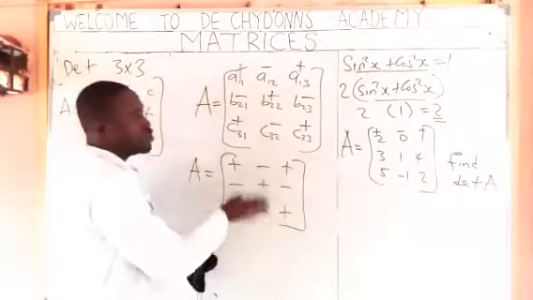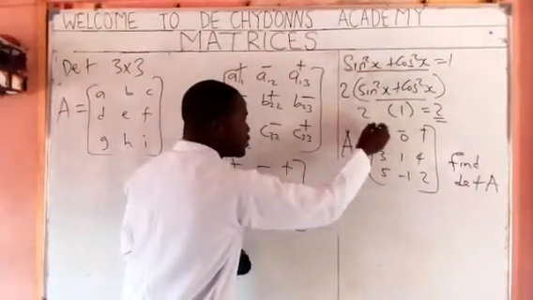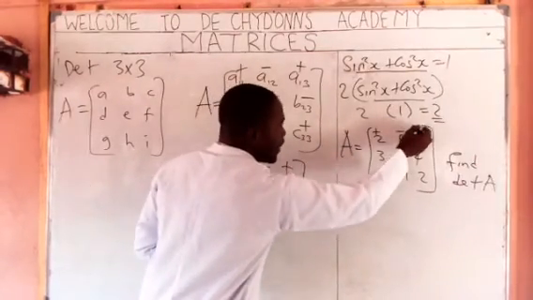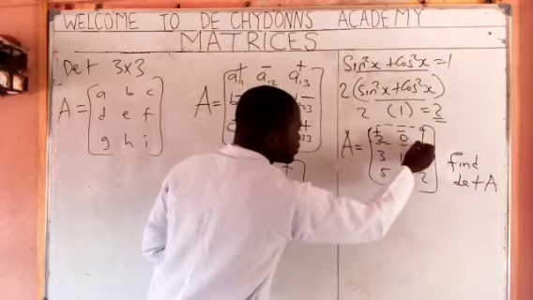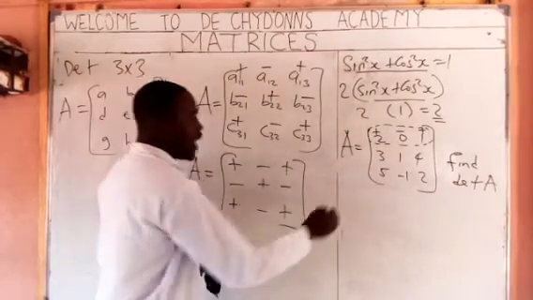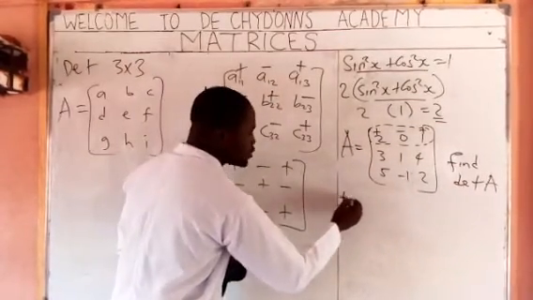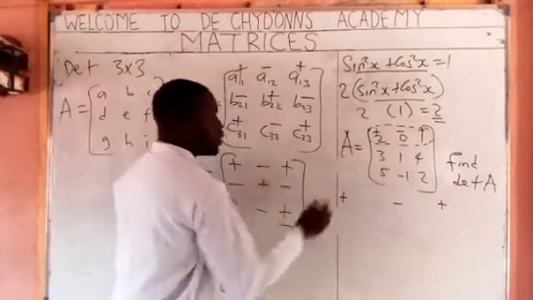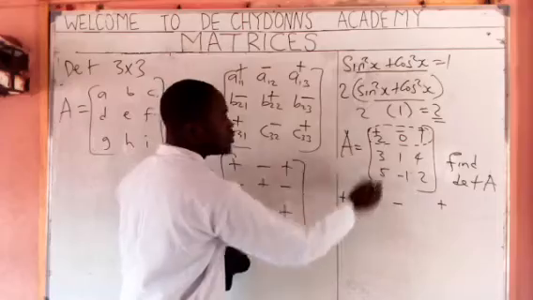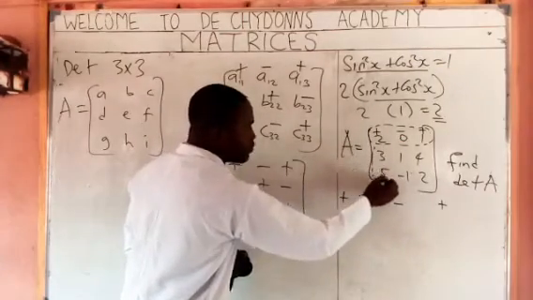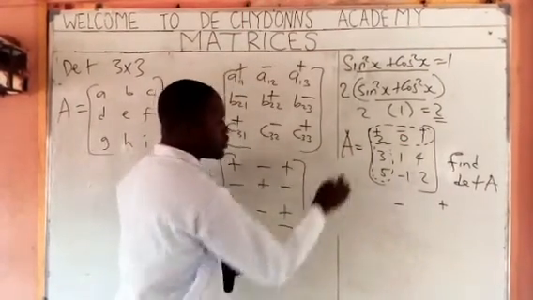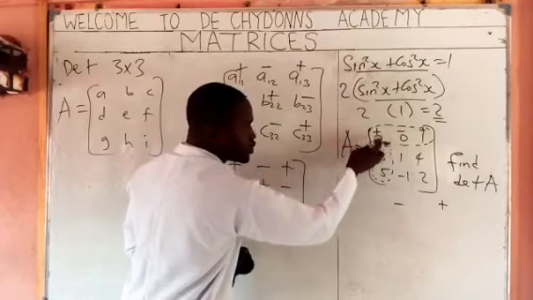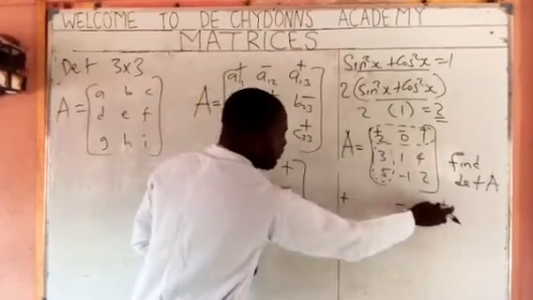So you take the first row, look at it, then write their elements with plus, minus, plus. As you take the first row, take the first column with a dotted line.